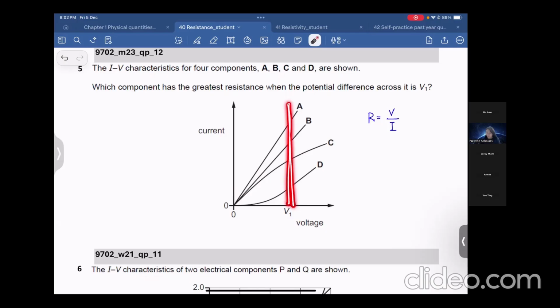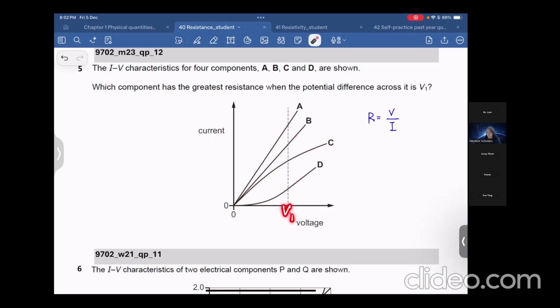Here, when we use the same V to do comparison, then the resistance will be affected by your current. Here, we are not comparing how their resistance changes from starting to ending. We are not comparing itself. We are comparing A, B, C, D.